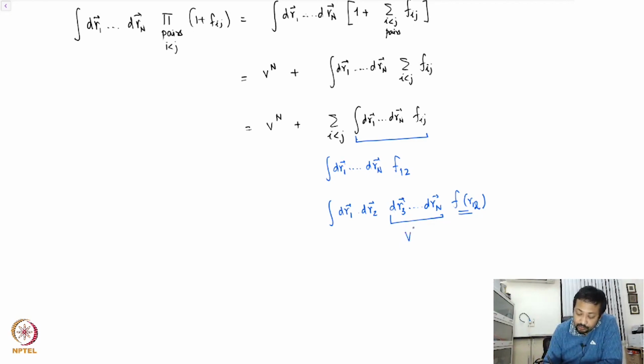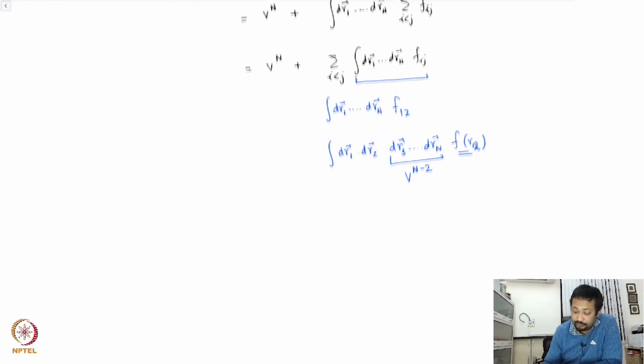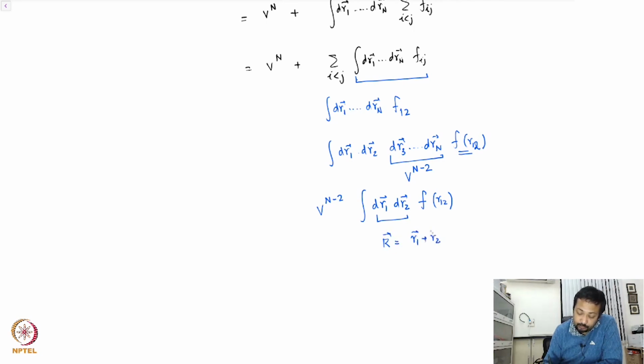So this is going to give you V to the power n minus 2. There are n minus 2 integrals over here. So this comes out as V to the power n minus 2 times the integral dr1 dr2 f of r12. But now I know how to handle such a measure. I will go to the center of mass coordinate, which is (r1 plus r2) divided by 2, assuming they have the same mass, and the separation r, which is going to be r1 minus r2 divided by 2.